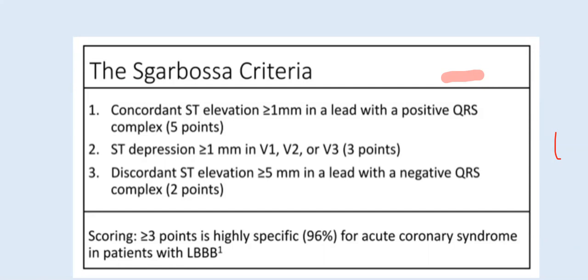If you have ST segment depression more than 1 in V1, V2, and V3, that is also scored. I don't have to go for multiplicity of leads. If I demonstrate that in any lead, that's a big deal in left bundle branch block. Okay? Discordant ST segment elevation more than 5 in a lead with a negative QRS complex, these are 2 points. If I have a score of 3 or more, I'm into ischemia within left bundle branch block. Okay? So this is the Sgarbossa criteria.